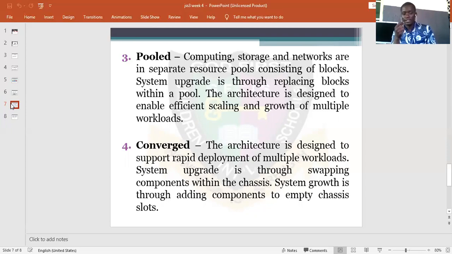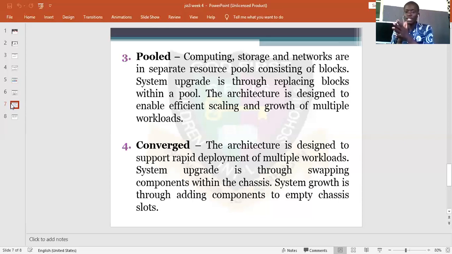In this case, everything is not tightly put together, but each of them works as a subunit of the pool. Computing, storage, and network are separate resource pools consisting of blocks. That is to say, each of them is joined together as a family.